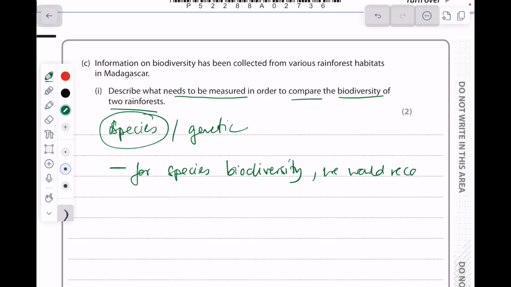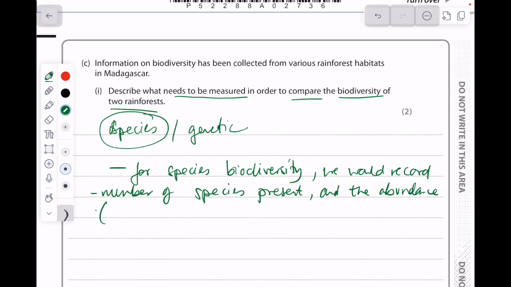we would record number of species present, and the abundance of each species, population size of each species.